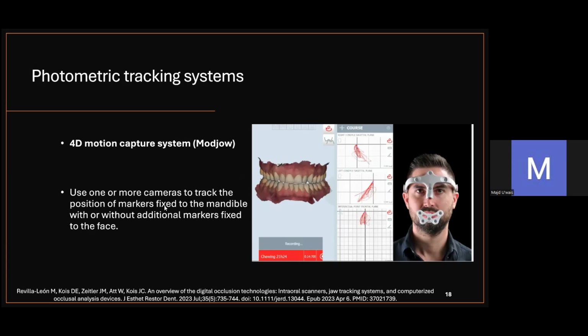So this system uses one or more cameras to track the position of the markers fixed to the mandible with or without additional markers fixed to the face. After that, it will give you this tracing.